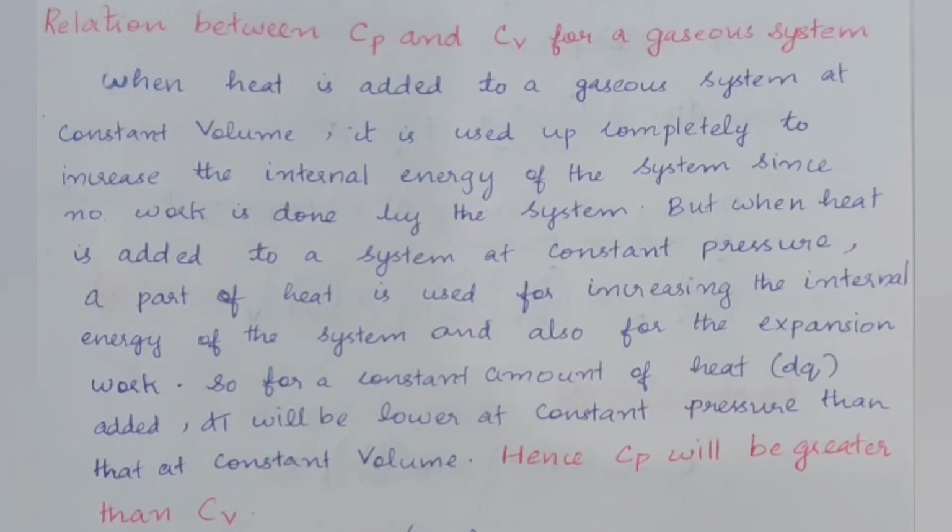But when heat is added at constant pressure, a part of the heat is used for increasing the internal energy and also for the expansion work. So, for a constant amount of heat dQ added, dT will be lower at constant pressure than at constant volume. Hence, we can say that Cp will be greater than Cv.